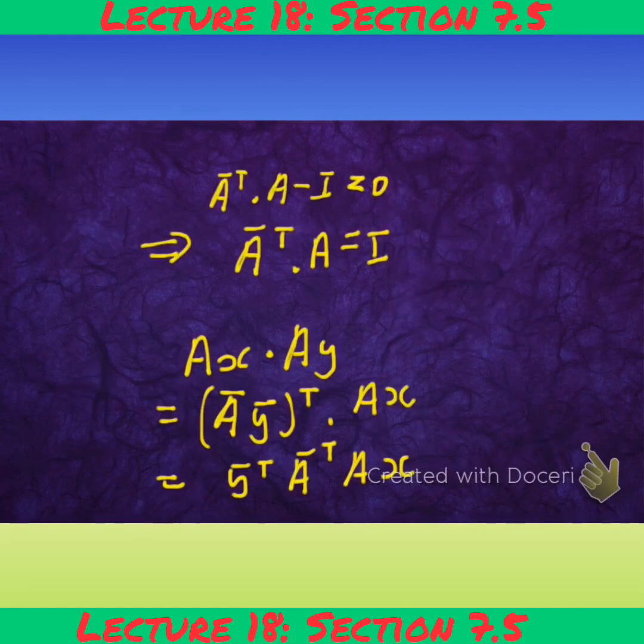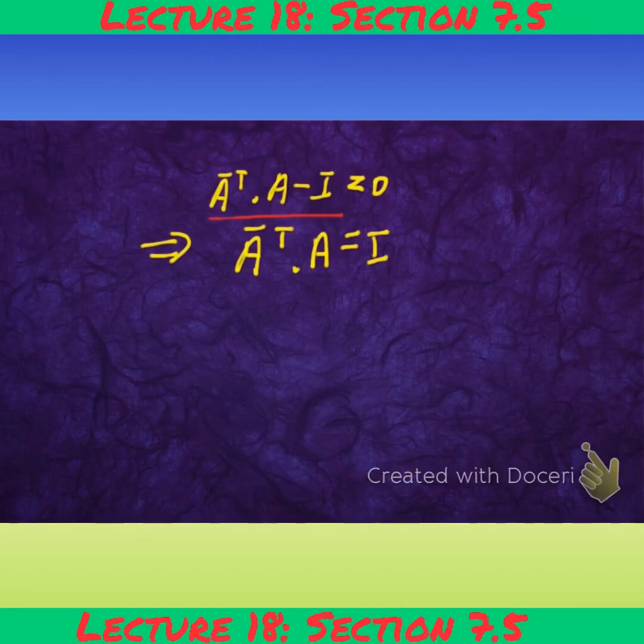It's going to imply that this matrix is the 0 matrix. Okay? And that is going to imply that if I multiply A with its complex conjugate, it's the identity matrix. Okay, so we're done with that.